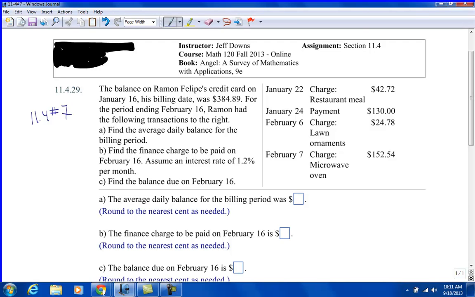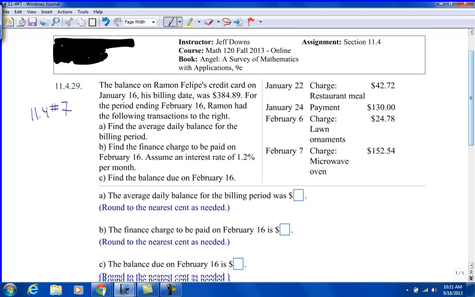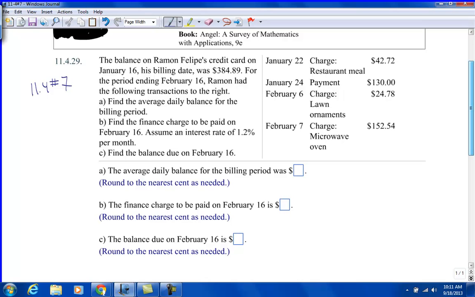So let's see. We have January 16th. So we're going to make a little table here. We have the date. And we're looking at 1/16 was the first thing. Then we have 1/22 for the next thing.